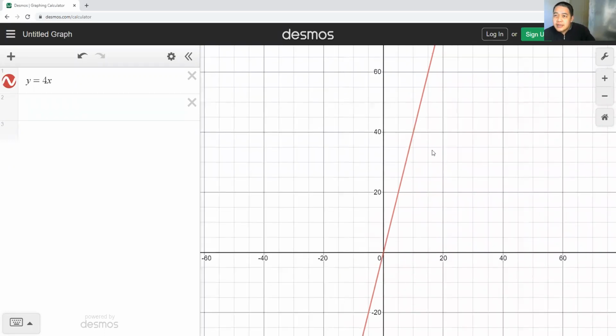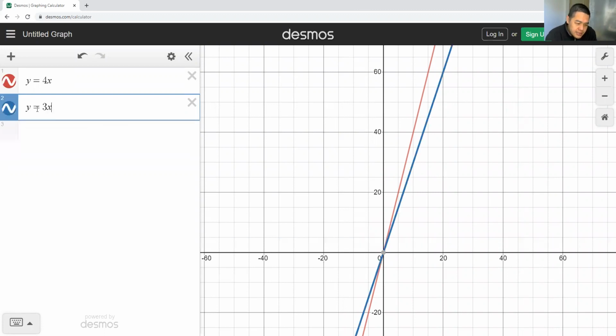It's the graph of y equals 4x. So basically, this is the first equation. Now the second one is from the situation 6 years later, right? So basically it was y equals 3x plus 18, if I'm not mistaken, 18.